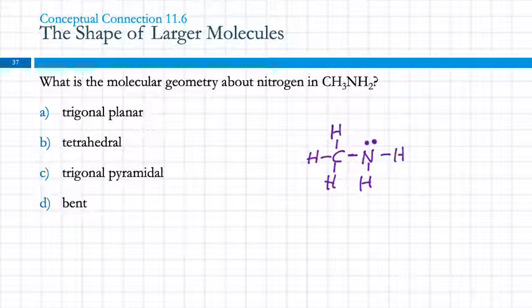What's the molecular geometry around the nitrogen? Do the electron geometry first. Yeah, that's tetrahedral. 1 lone pair. Trigonal pyramid.